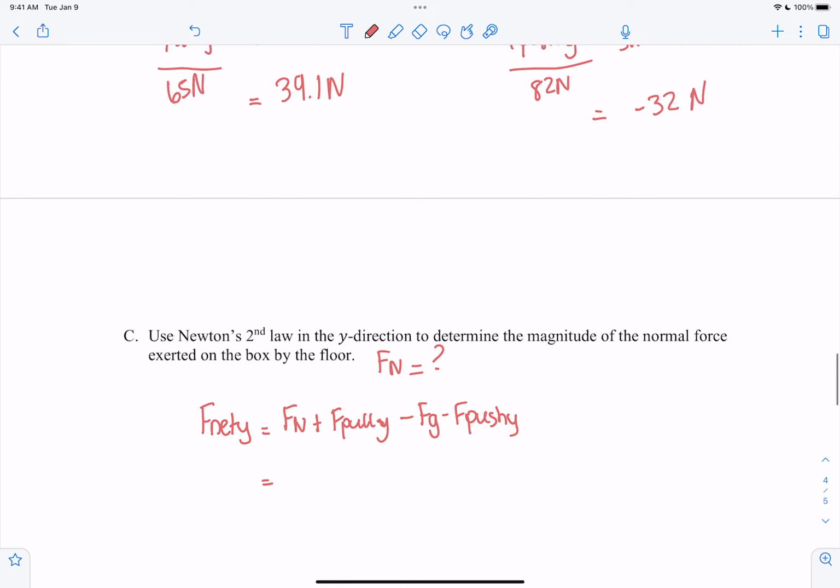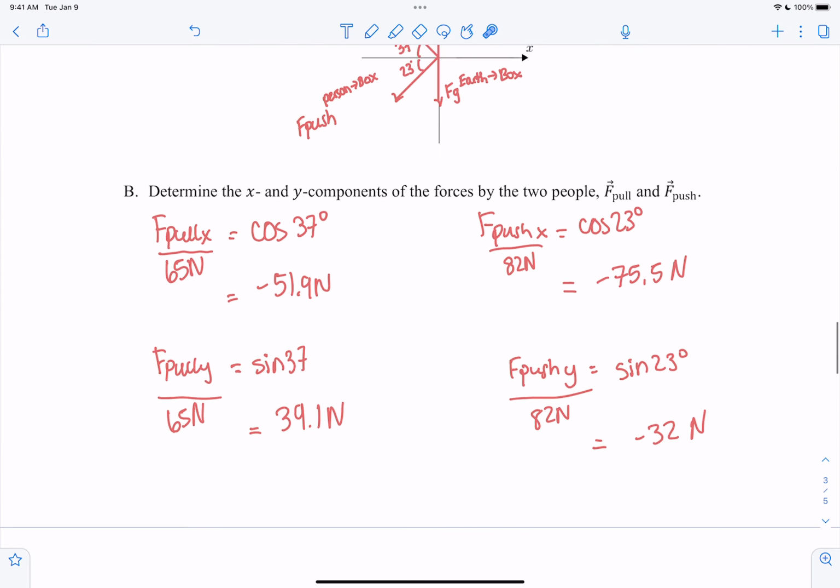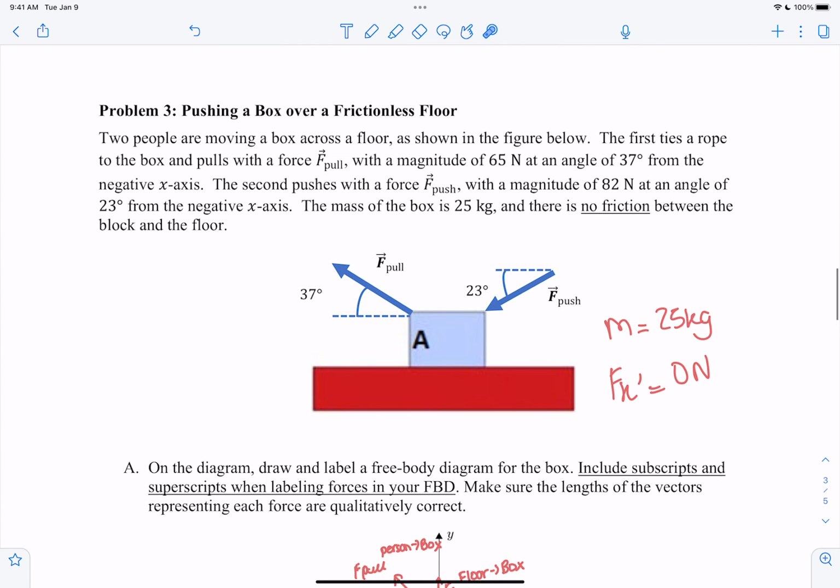Actually, there's a second component to this, and that's F net y is equal to m a y, right? But we already said that this box is moving across the floor. So what does that indicate about the F net y if it's just moving across the floor? Awesome, right? It's 0.